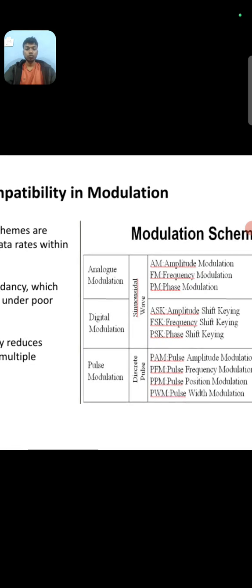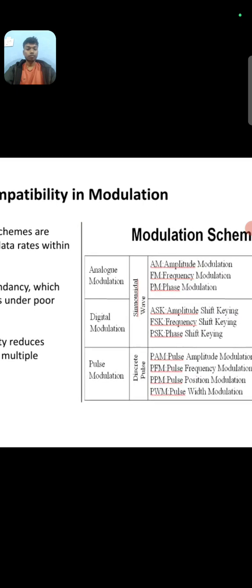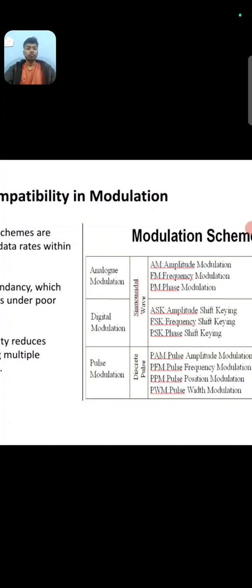And here the modulation schemes: analog modulation, AM amplitude modulation, FM frequency modulation, PM phase modulation. These are the analog modulations, and they use a sinusoidal wave. Digital modulations also come under sinusoidal wave: ASK amplitude shift keying, FSK frequency shift keying, and PSK phase shift keying.